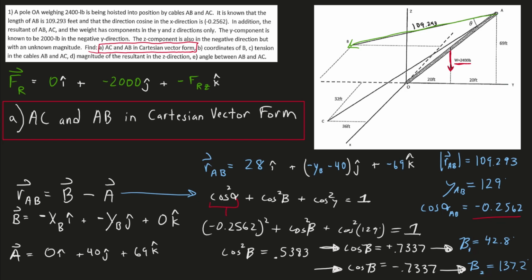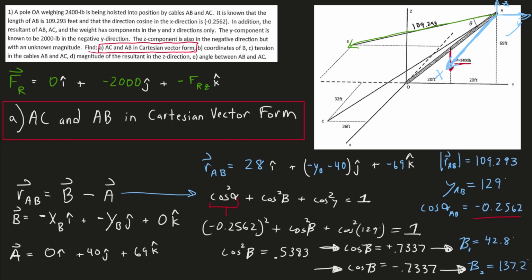Alright, so take a look at our position vector again from A to B. Remember, every vector has a magnitude, a length, and a direction, usually given by some angles. And these angles are measured from a coordinate system based at the base of the vector, at the tail of it. So whenever you're discussing a vector's direction, you've really got to imagine an x, y, and z coordinate system based at its tail.